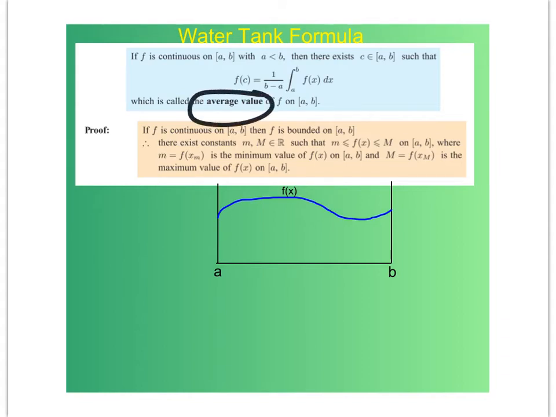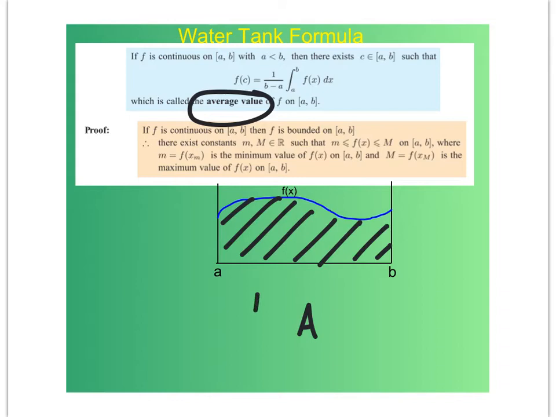What the average value is: if I take the integral of f of x, which finds me the area under the curve, and then I take the average of that area, what that does is it finds the average value of that function on that interval.